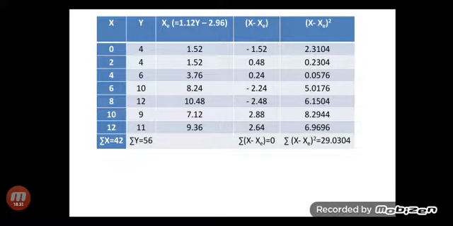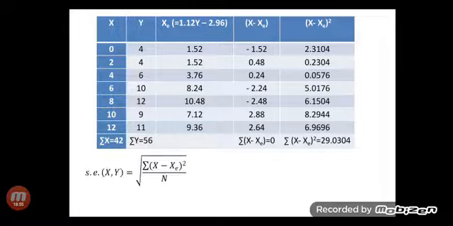Now we square the deviations of x from its estimated value. We get the squares like this, and we sum up, that is summation of x minus xe whole square, which is equal to 29.0304.